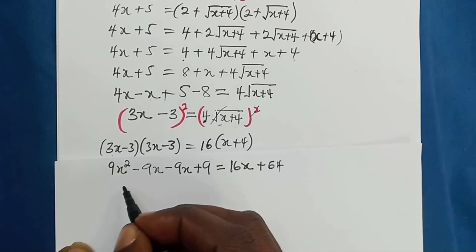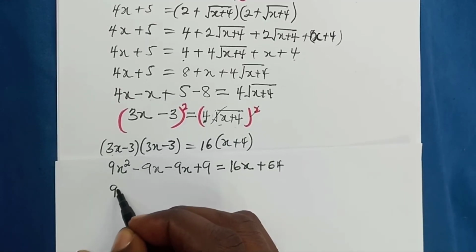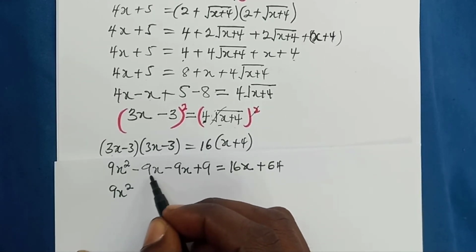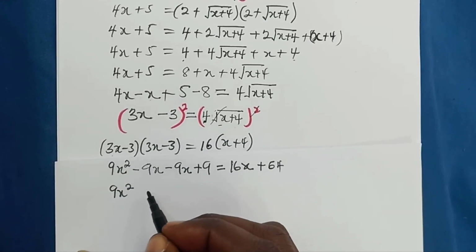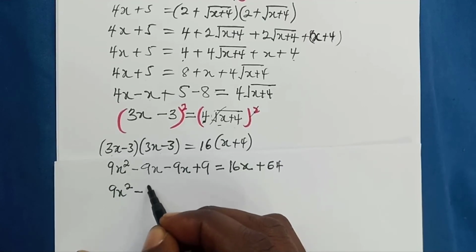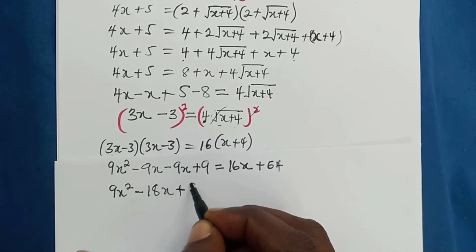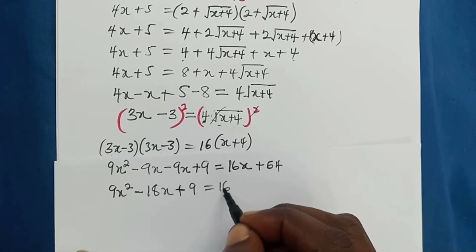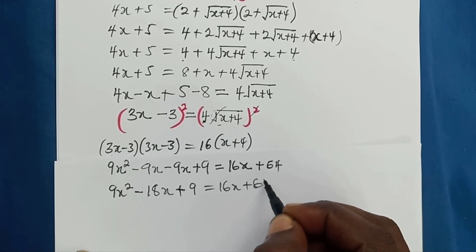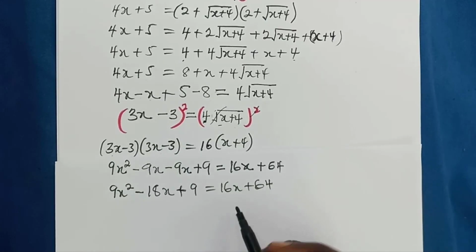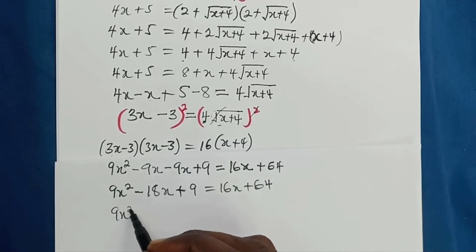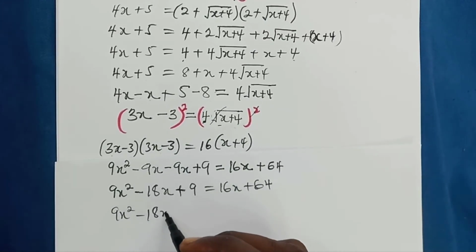Okay, all right, so let's simplify. We have 9x squared. Negative 9x minus 9x will give us negative 18x plus 9 equal to 16x plus 64.